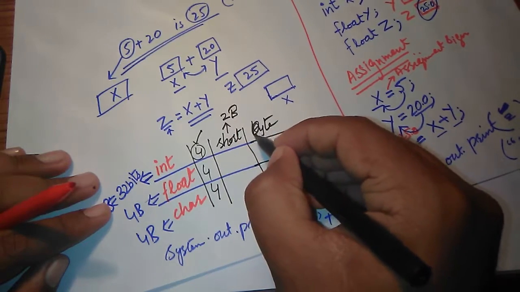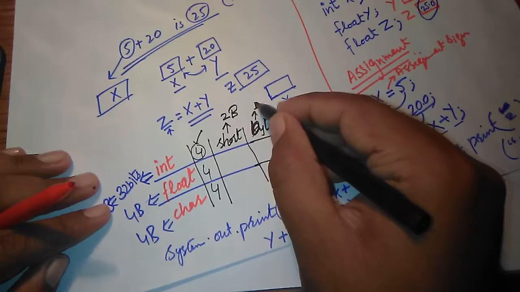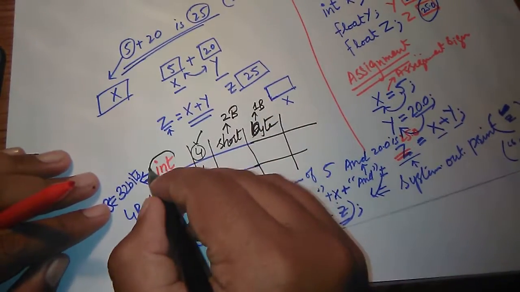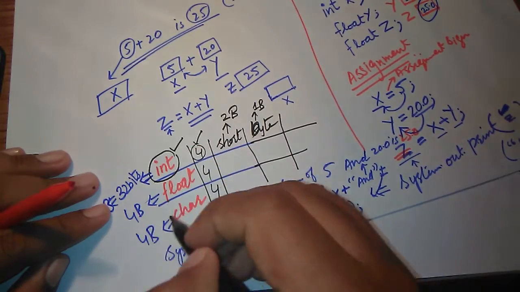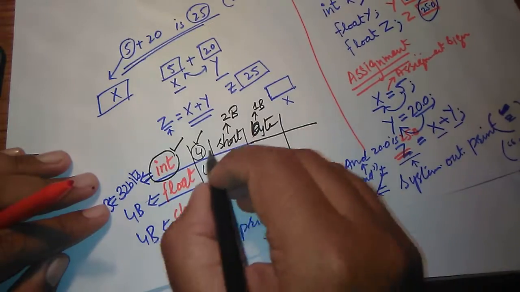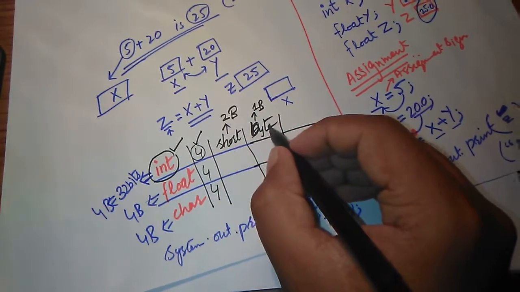These are variables, sorry about that. Byte has 1 byte size, and if I need longer data, then I can write long here. These variable types are data types.